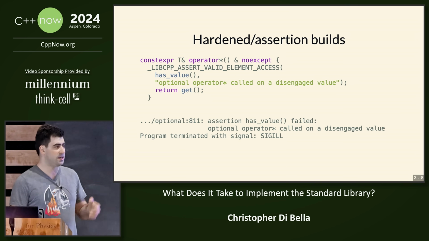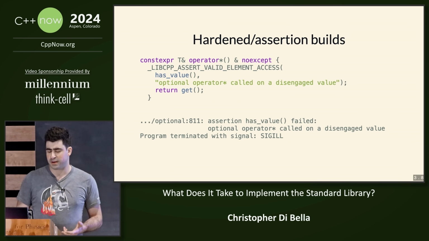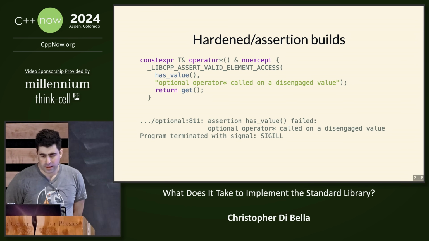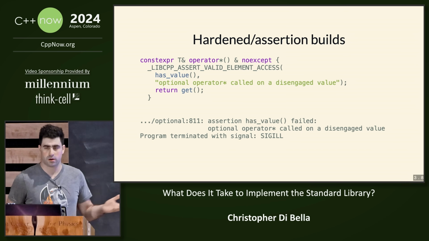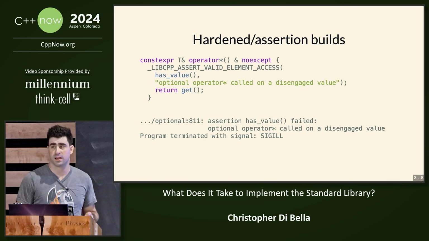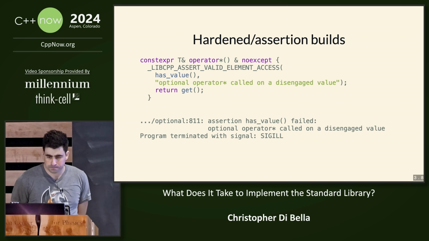This is something you can opt into in all of the major implementations, and it checks the invariants. So this is something that will work today. And if you want to learn more about how libc++ does this, Louis Dion has a session, I think at the end of today, that will go into detail about how this works.